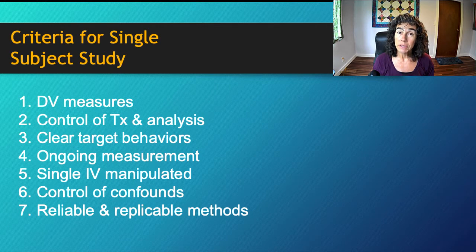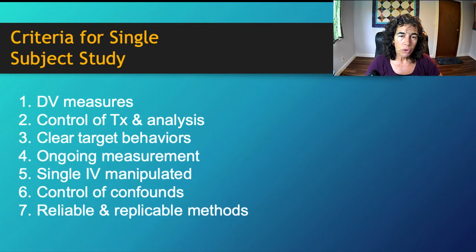Criteria for single subject study. There are frequent and repeated measures of the dependent variable, and that may be like within a treatment session, it may be over a period of a month, it may be over a period of days, but it's considered frequent.